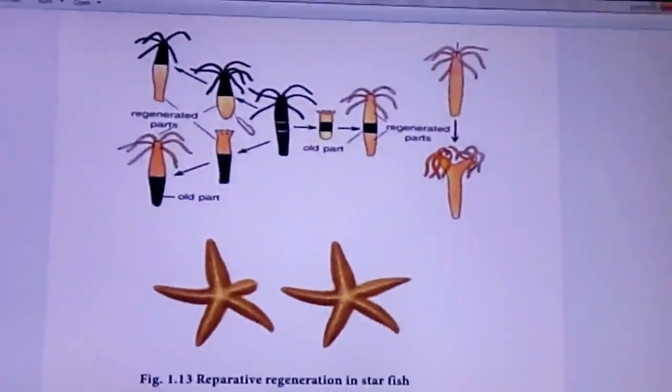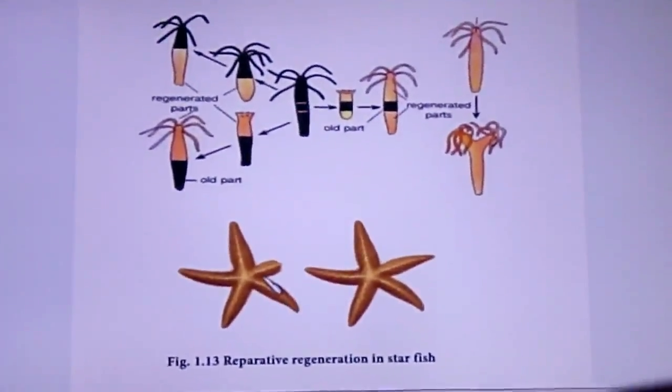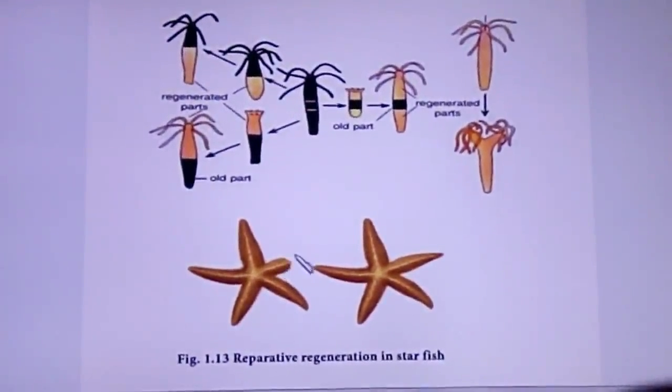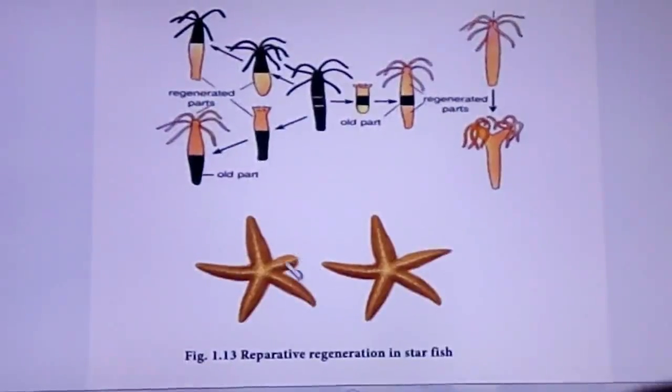The next one is reparative regeneration. Here a little part of the tissue alone is damaged, and that is regenerated. This is reparative regeneration in starfish. You can see the old part regains its lost part. The tissue which has been lost is developed. So this is another type of regeneration.